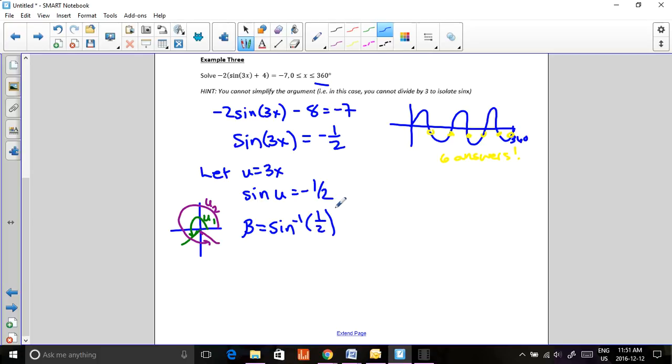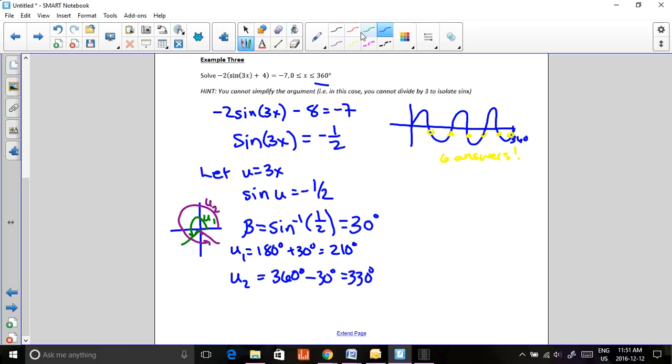From our special triangle, that's 30 degrees. So u1 is 180 degrees plus 30, so 210 degrees, and u2 is 360 degrees minus 30 degrees, so 330 degrees.